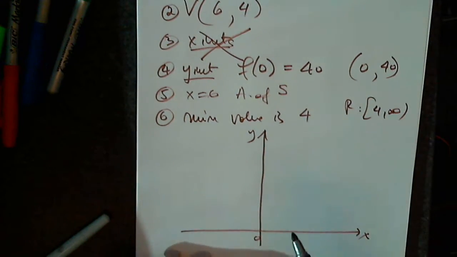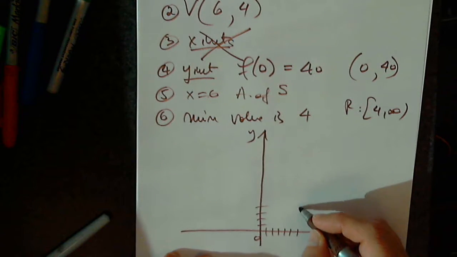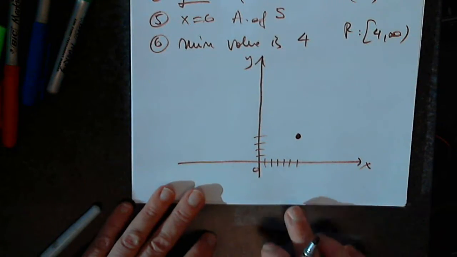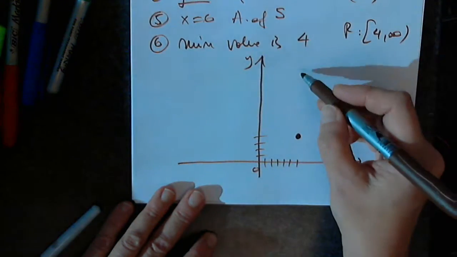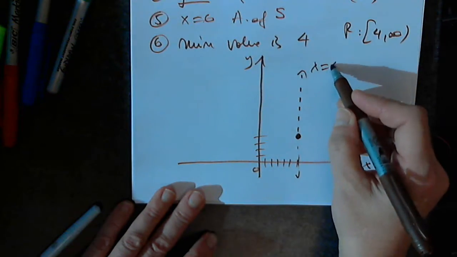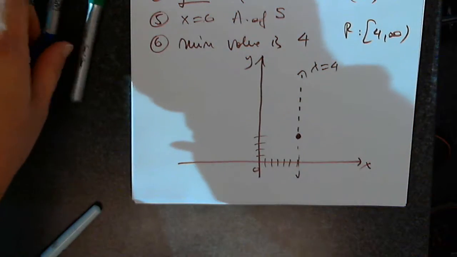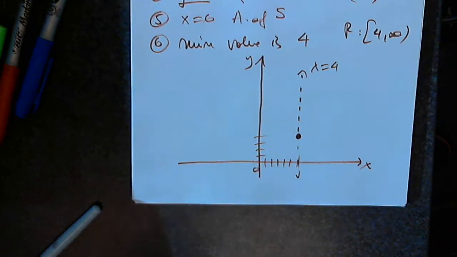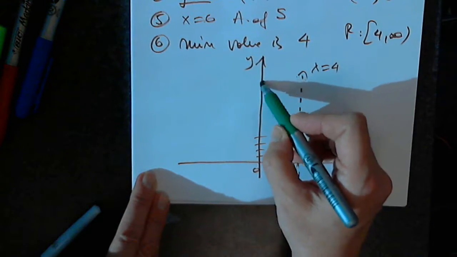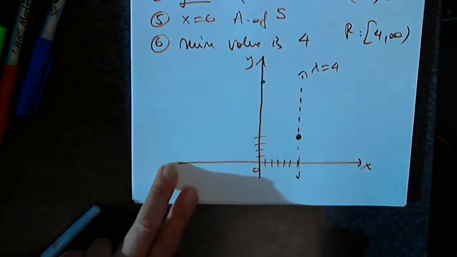Very good. So 1, 2, 3, 4, 5, 6, 1, 2, 3, 4. Here's the vertex. 6, 4. Then I need the axis of symmetry, which is x equals 6. And you will have to trust me. You shouldn't at this point. Just for this little thing, I'm going to say that this is 40. You shouldn't, because obviously that's not 40.